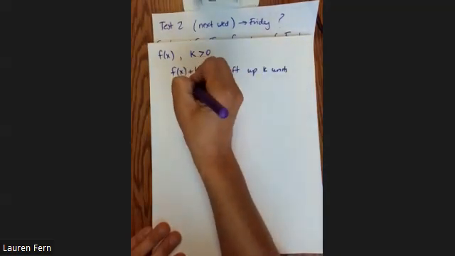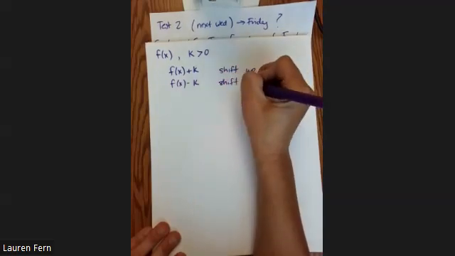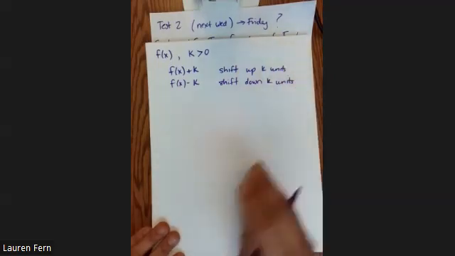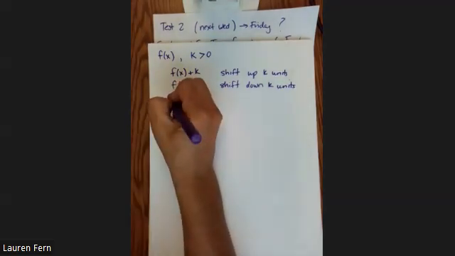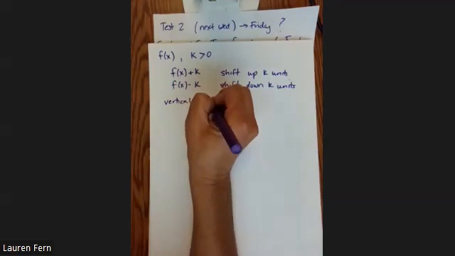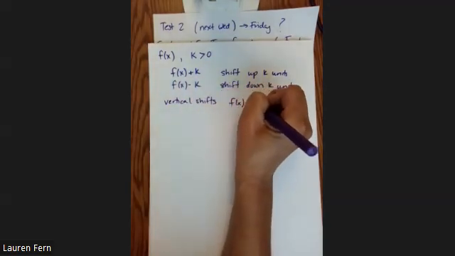And if you subtract that value from the function, you shift it down k units. Okay, these are called my vertical shifts. And that's f of x plus or minus k.